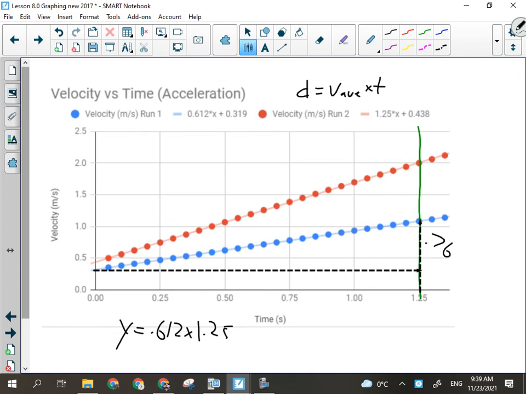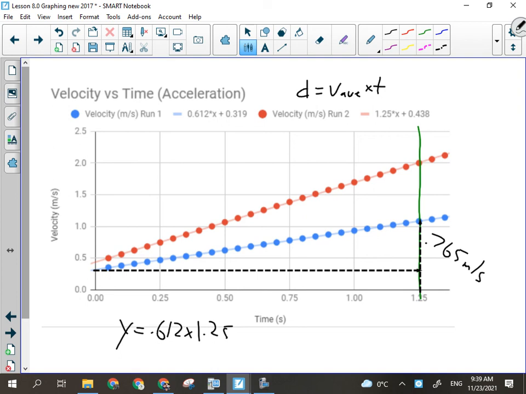Now, I'm calculating the area of this triangle because the area of this triangle will be average velocity times time: base times height divided by 2. My velocity changes by this much, but my average is halfway in between.